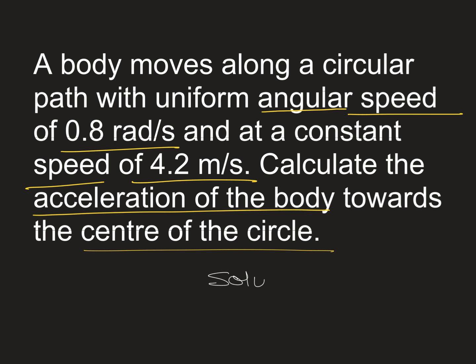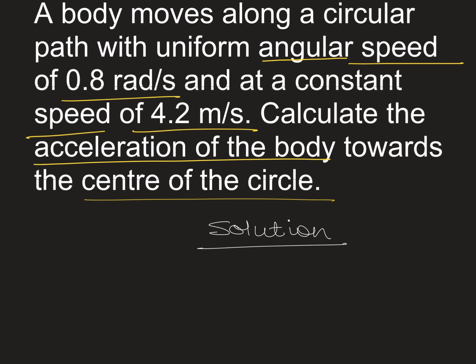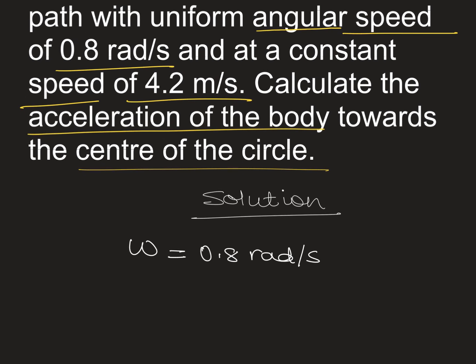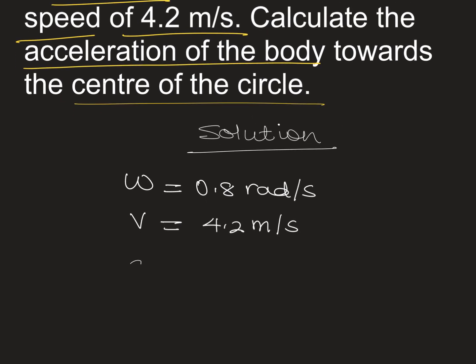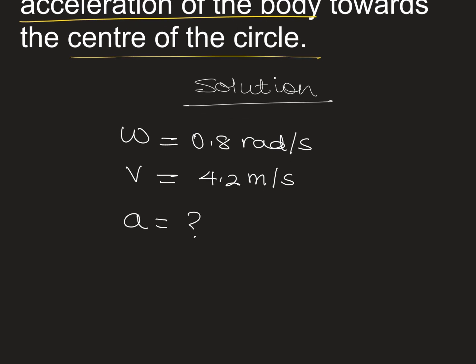Solution: the angular speed or velocity of the body is 0.8 radians per second. The linear speed or linear velocity is 4.2 meters per second. So the question is asking us to find the acceleration.